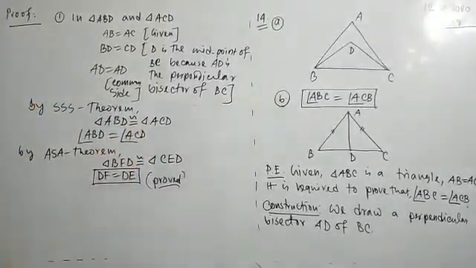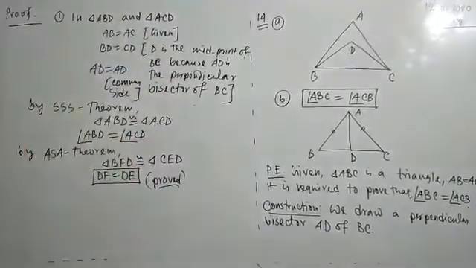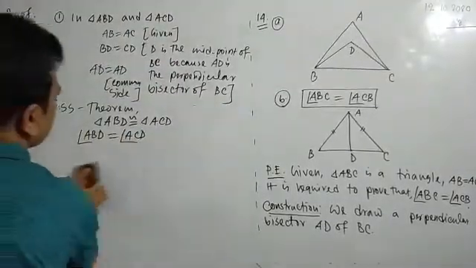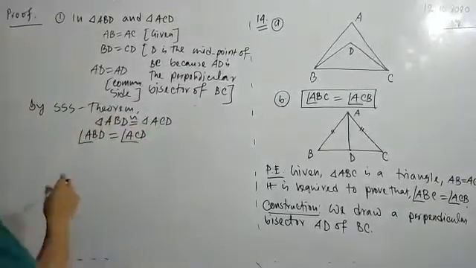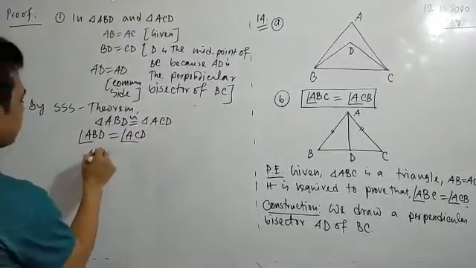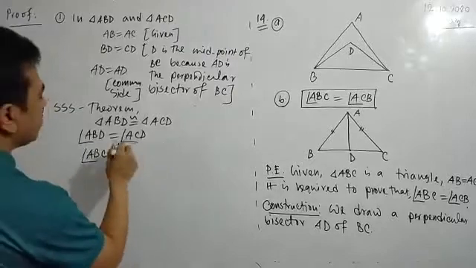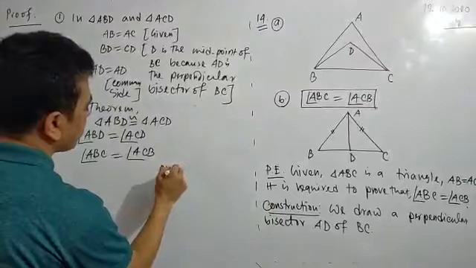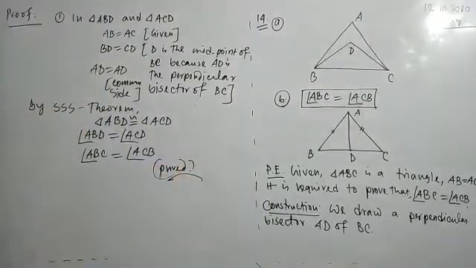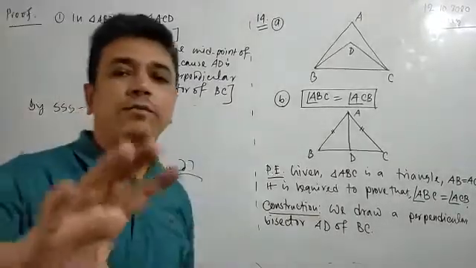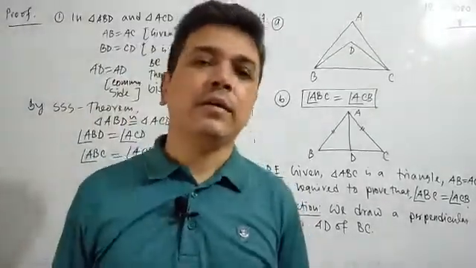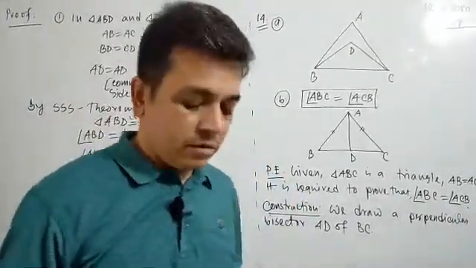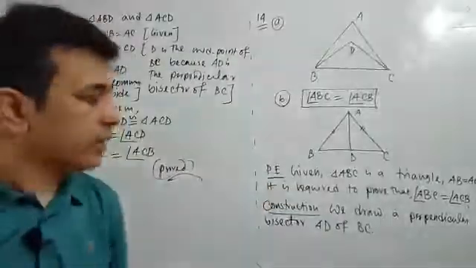Okay, angle ABD we can write as ABC and angle ACD we can write as ACB. This is very simple, very easy. All of you can prove it in a very easy way. I just used this theorem 2 style, that's why I proved it this way. Okay, thank you.